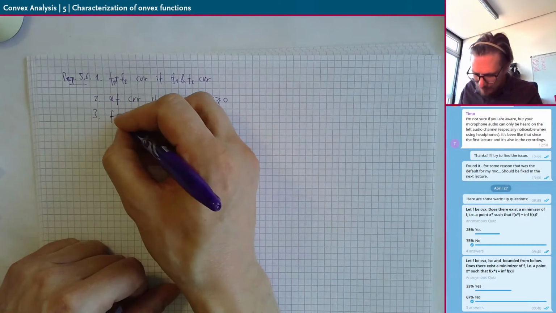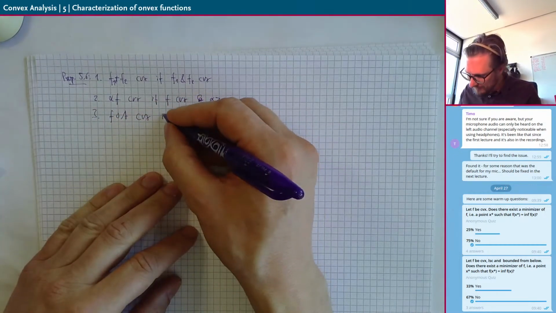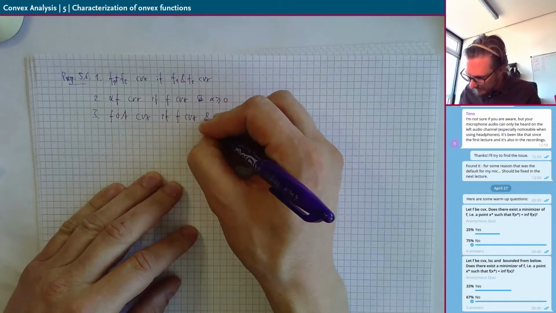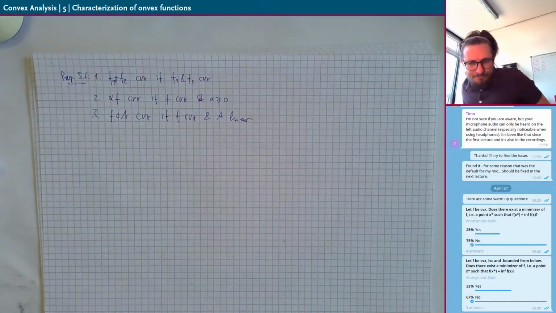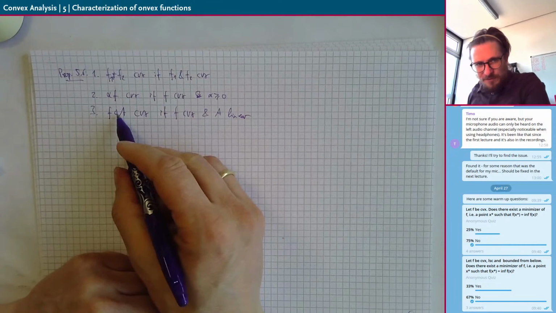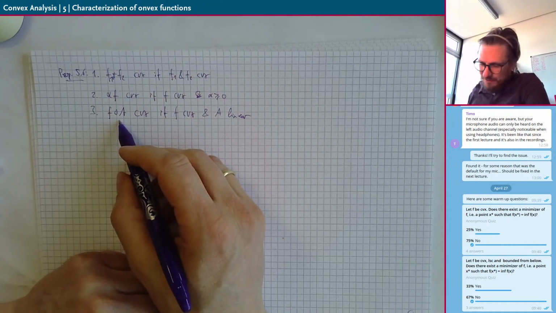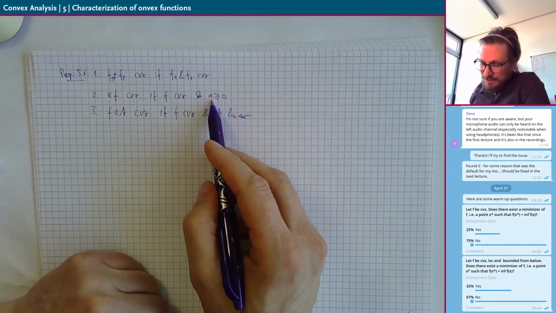Precomposition with a linear map gives convex functions. So this is convex if f is convex and A is linear. So precomposition by a linear map, that is nice. Postcomposition by a linear map is also nice, but you need non-negativity here.